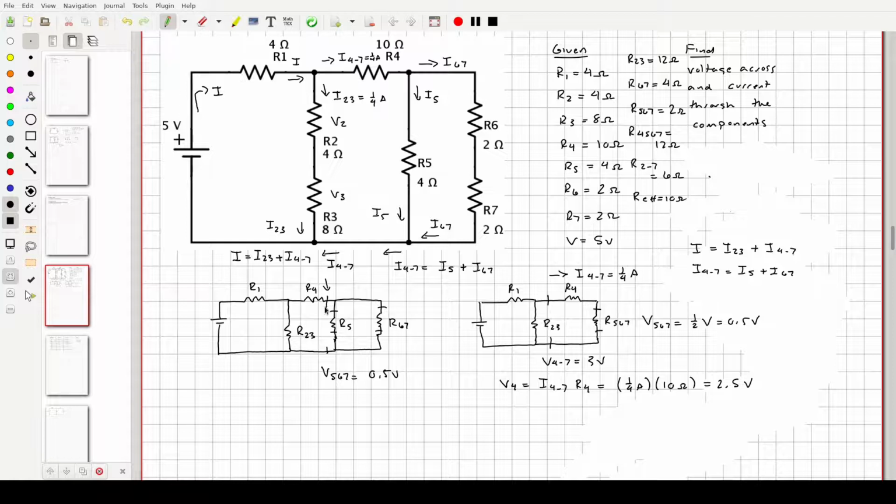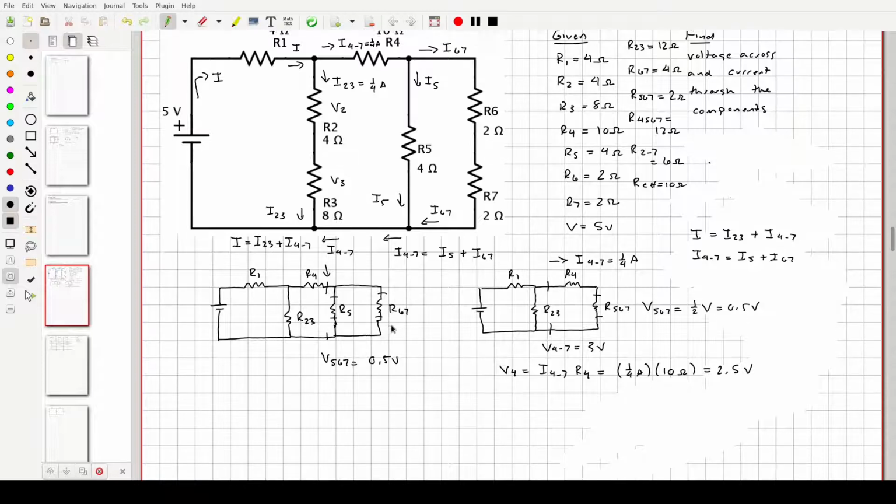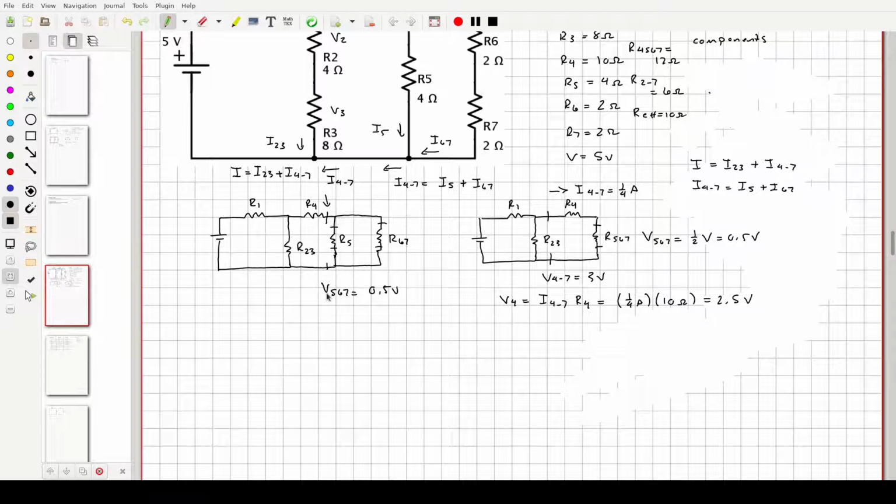So now we know the voltage across both of these components. And since these right here are in parallel to each other, that means we can very easily find the current that goes through this and also the current that goes through these as well. So let's do that. The voltage, like I said, we'll call it V567, is across here. And that tells us that R5 experiences the same voltage as well.